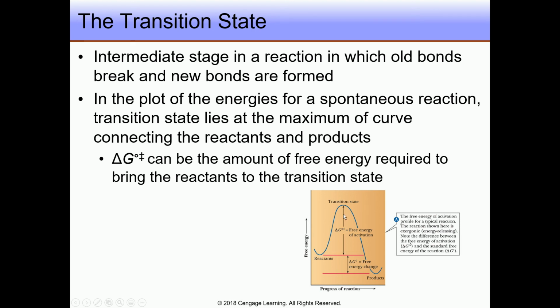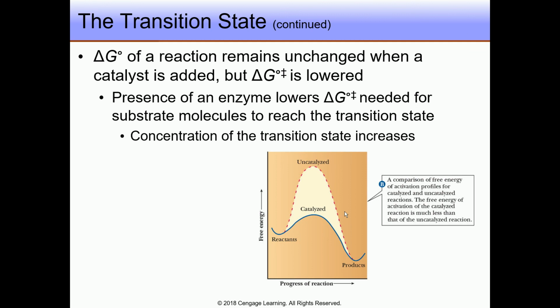So every reaction needs an input of the activation energy. What's the function of the catalyst, or the biological catalyst, or the enzyme? The function of the enzyme is to lower this value. This is the free energy of reactants, and up to here is the activation energy, which means going from here to here is the activation energy.